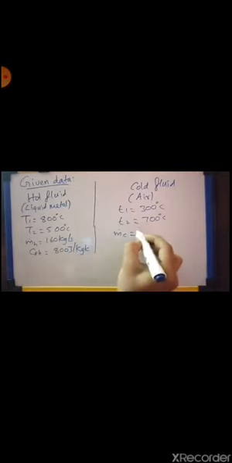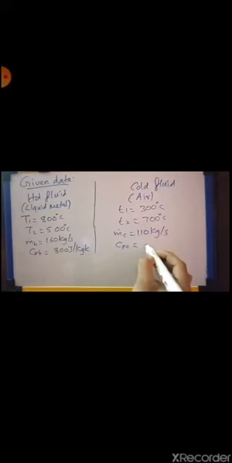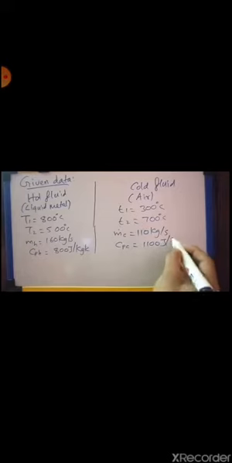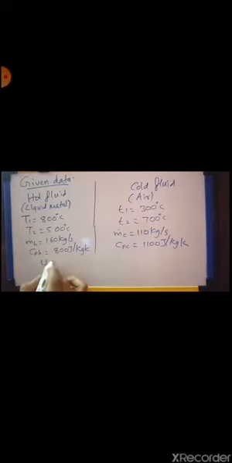Mass flow rate of the cold fluid is given as 110 kilogram per second, and the specific heat of the cold fluid is given as 1100 joule per kilogram Kelvin. And the overall heat transfer coefficient U is given as 610 watt per meter square Kelvin.